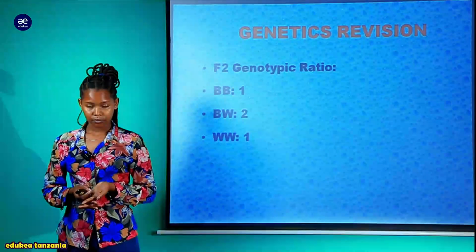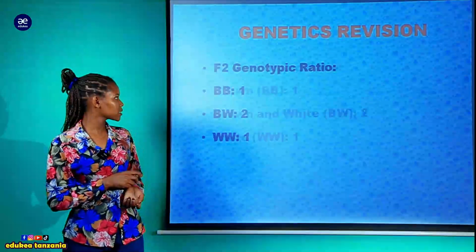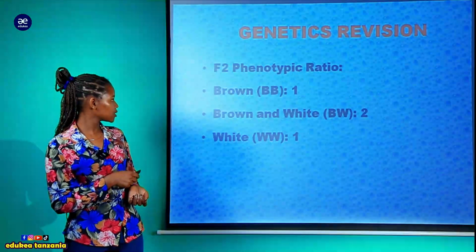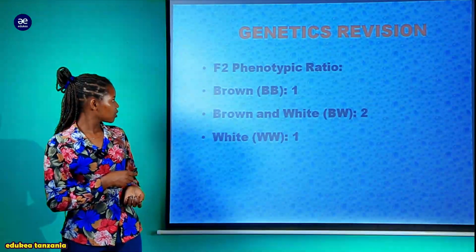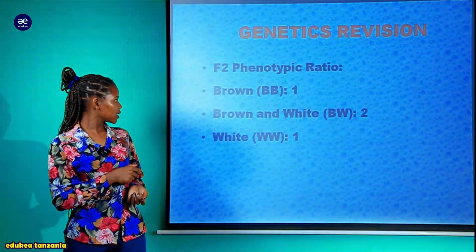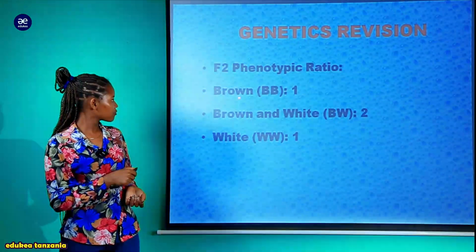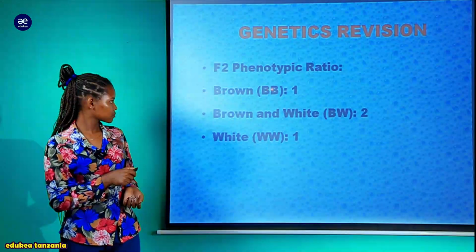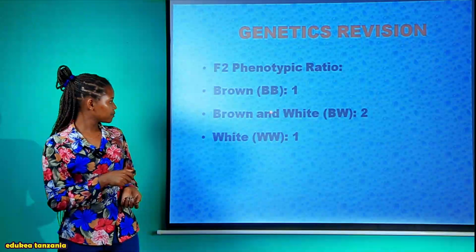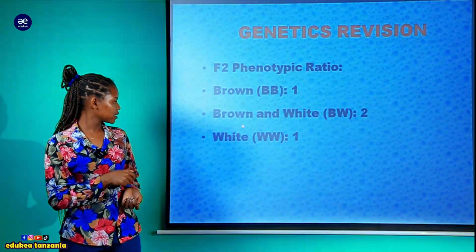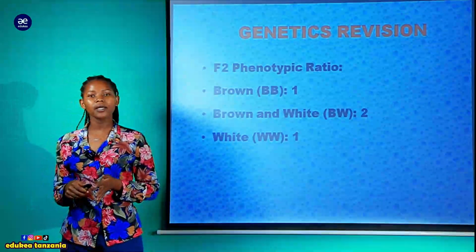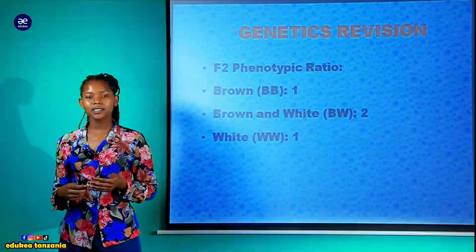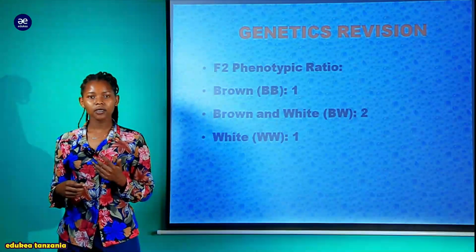And then what next here? Let's take a look on the F2 phenotypic ratio. We can see on the F2 phenotypic ratio, you can see we have brown and white as well as white, in which this brown and white, my dear student, tunaziita ni roan.